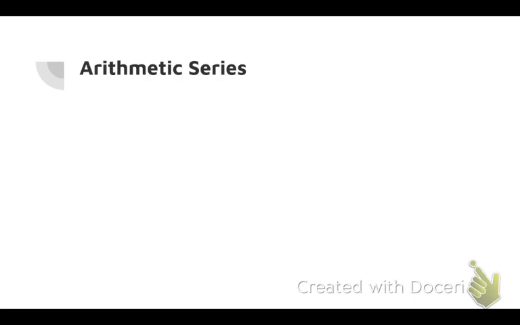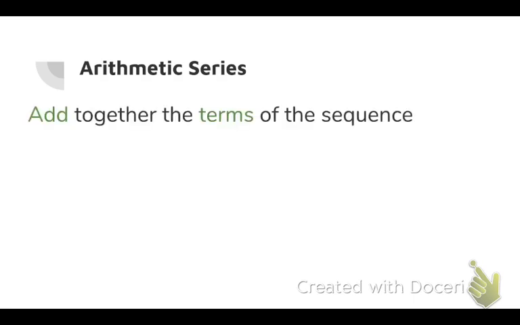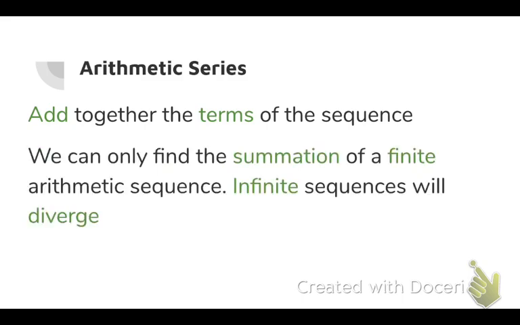An arithmetic series means that we're adding together the terms of the sequence. We can only find the summation of a finite arithmetic sequence. So again, we talked about this idea of finite meaning a certain number of terms.